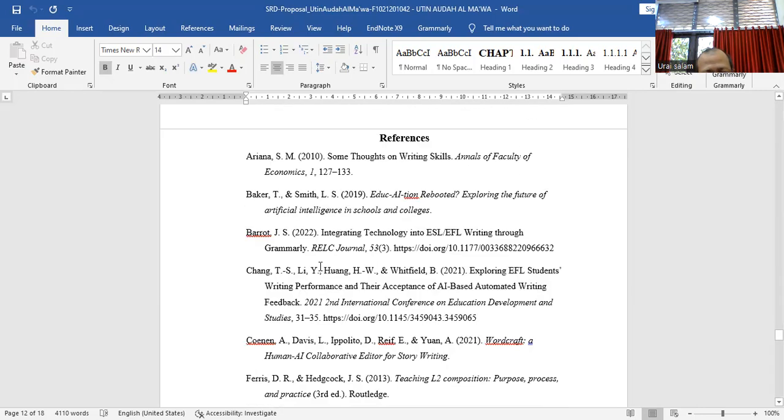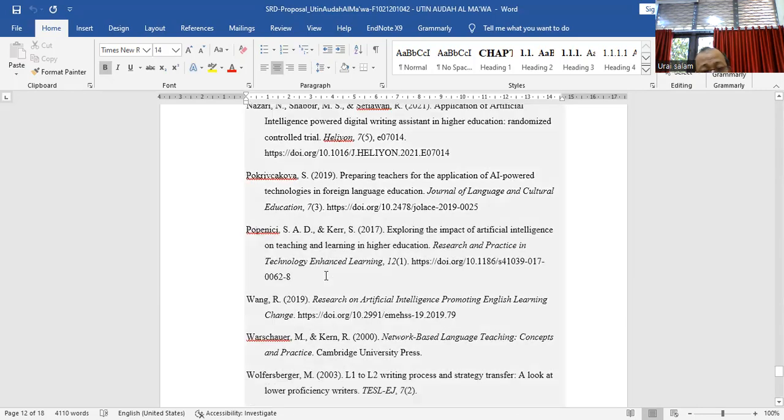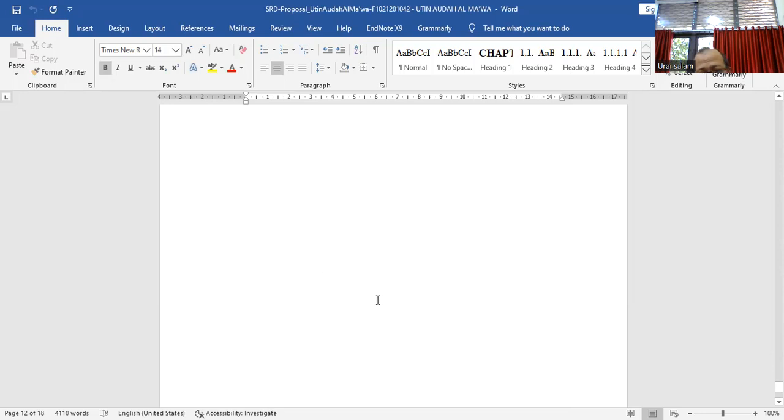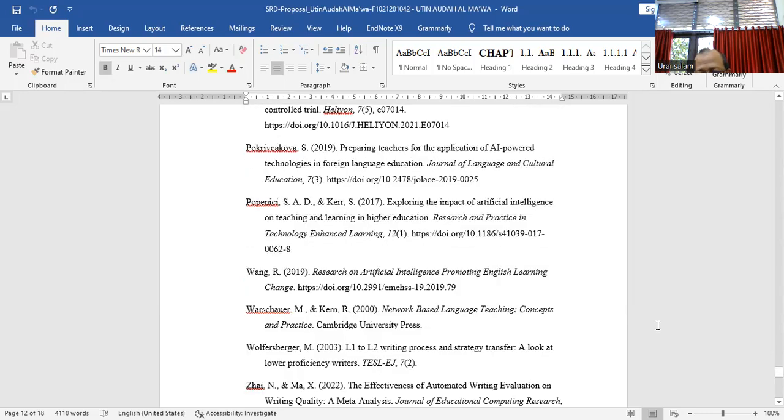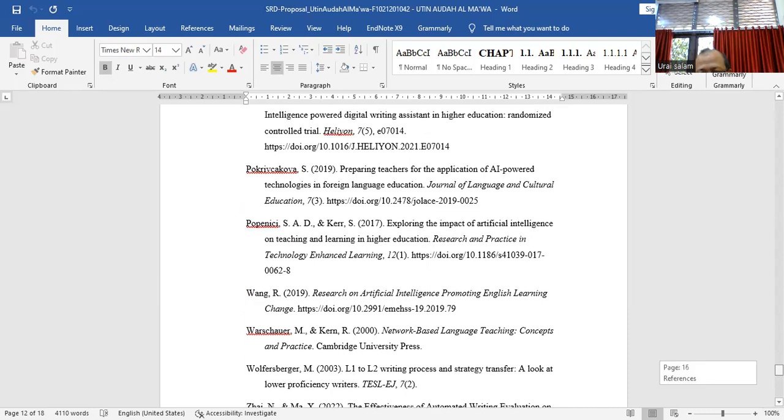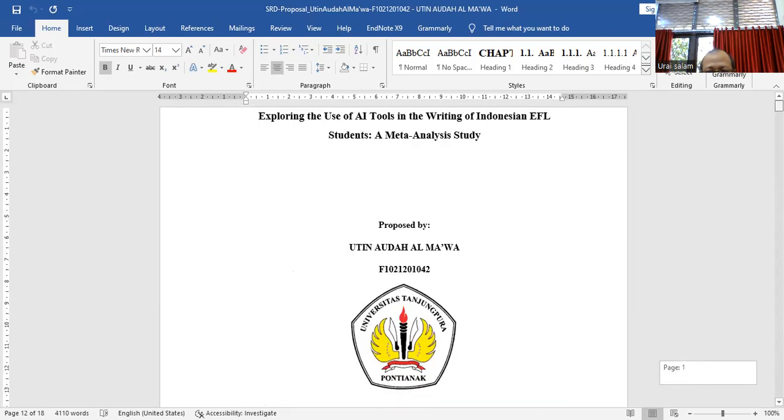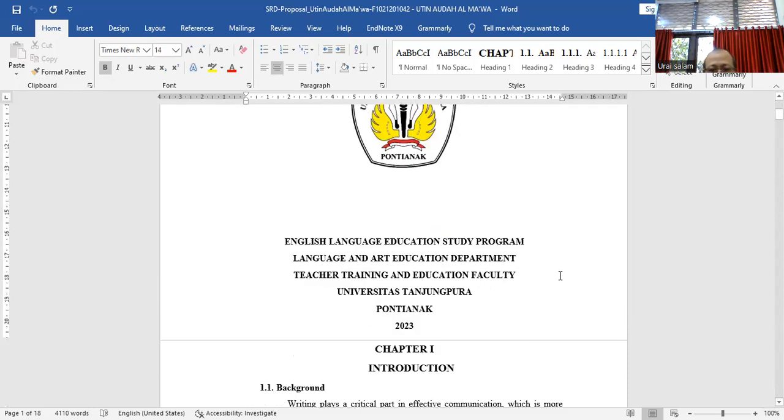Okay, I think that's good already. You need to revise the points that I have outlined, but this proposal already takes a good shape untuk meta analysis. Saya kira demikian ya, karena waktu juga kita harus siap.